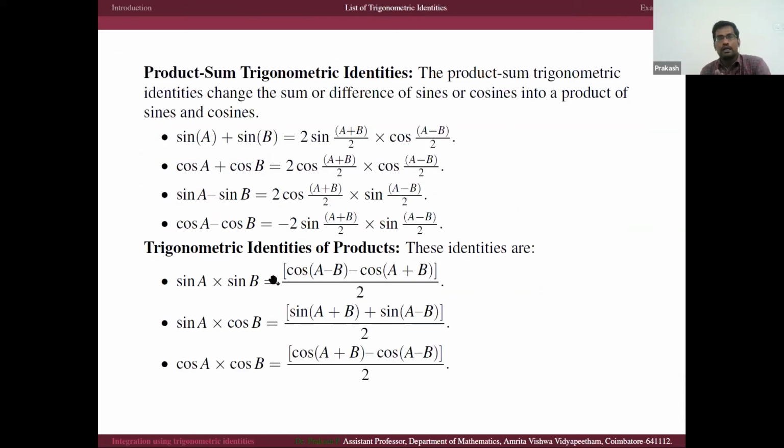Now we will come to the integration part, because first we need to know what the important identities are. If you know the trigonometry identities, then only we can evaluate the integral if the integrand involves trigonometric terms. That is the main important point. So the first question, a very simple one.